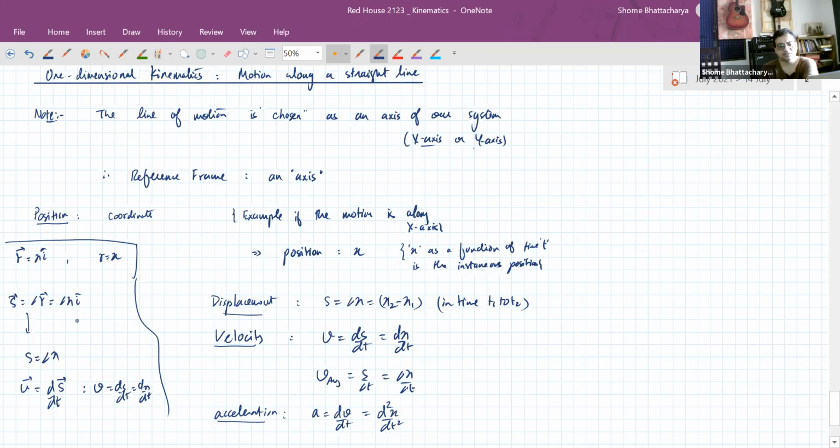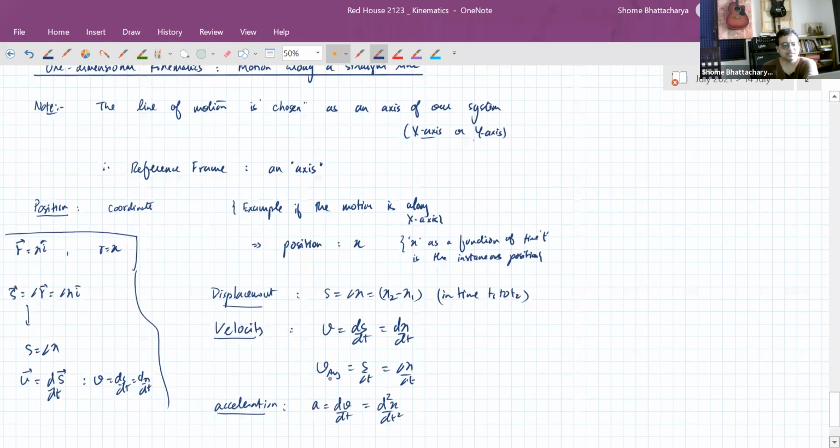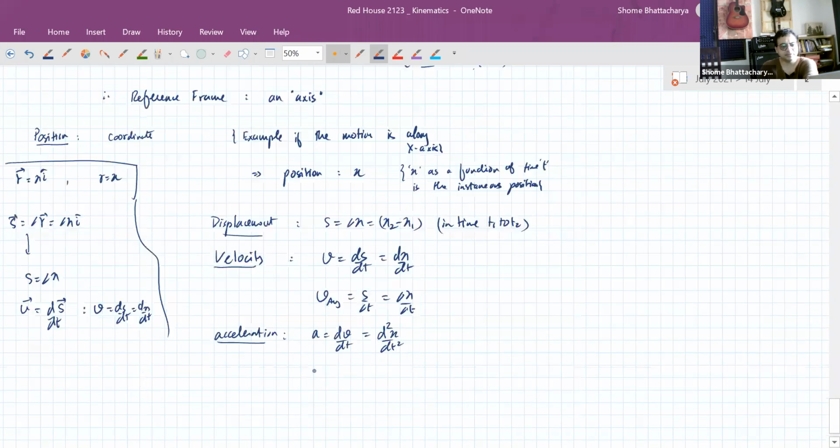You can just say it's a simplification of the general definition. But one thing should be clear to you: each of these quantities still has a direction, and the direction is given by the algebraic sign. If it is positive, then it is along the positive axis. If it is negative, it is along the negative direction.